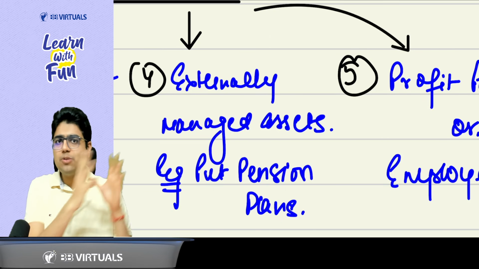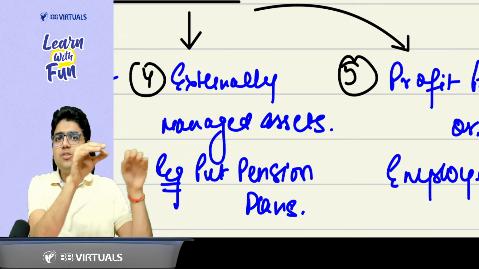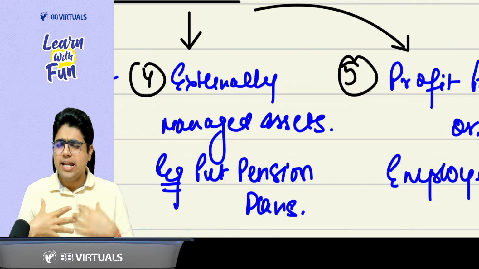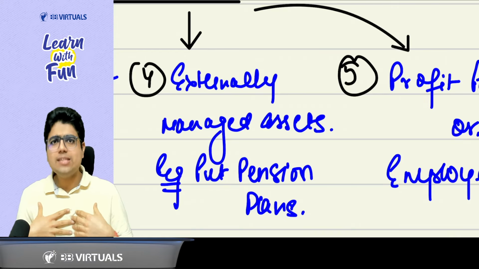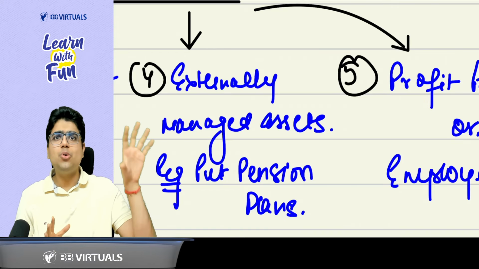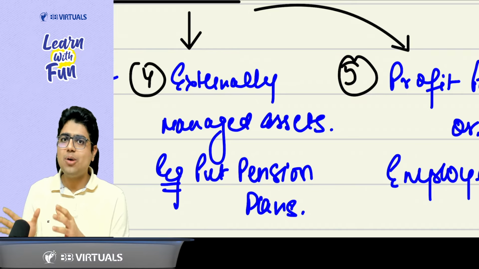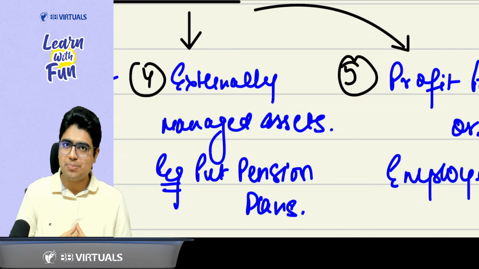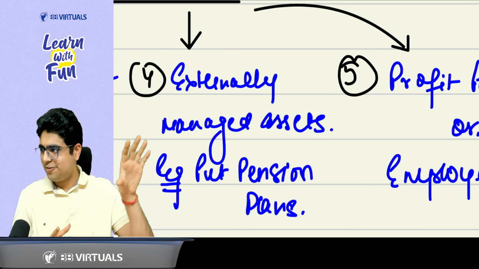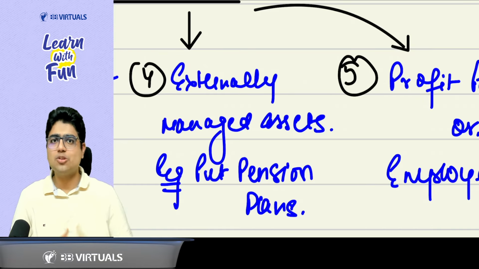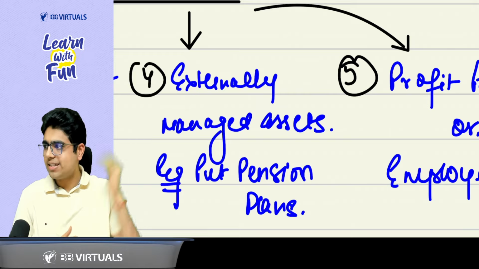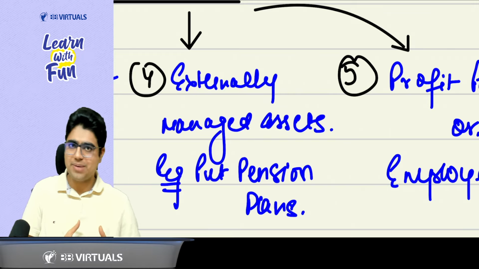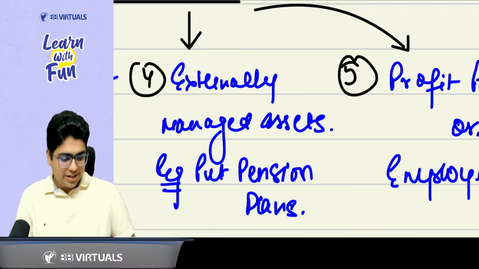I give that money to certain companies that invest on my behalf. So, sir, employees can request that they want that amount to be audited. Whatever amount you have deducted from the salaries of the employees should be invested safely, so they can request it to be audited. So whatever are the externally managed assets like private pension plans, those also need to be audited here.